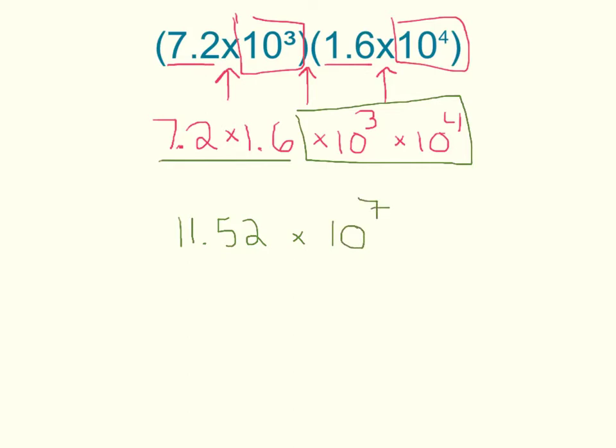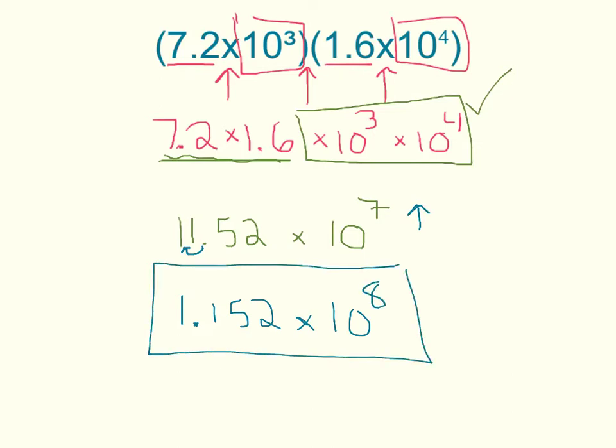So we multiplied our coefficients, we added our exponents, now we have to check for proper scientific notation. 11.52 has to change to 1.152, and then times 10. If my coefficient decreased by a decimal, my exponent has to increase by 1. So there we go, 1.152 times 10 to the power of 8.